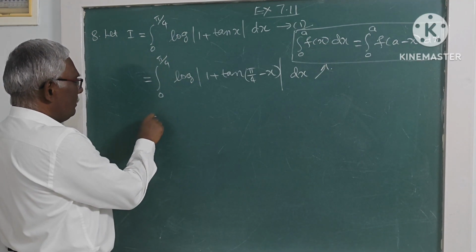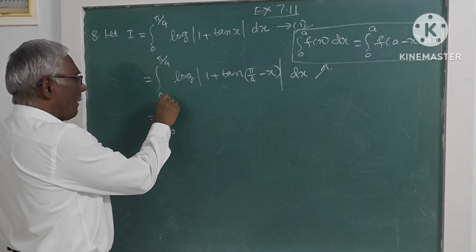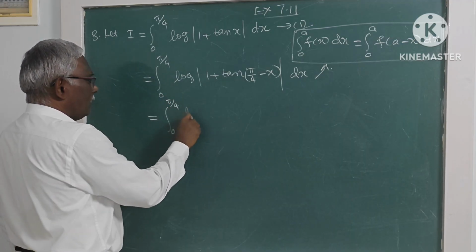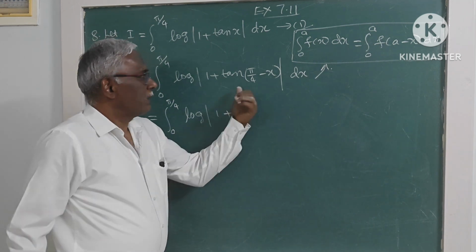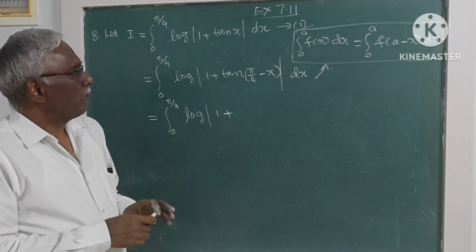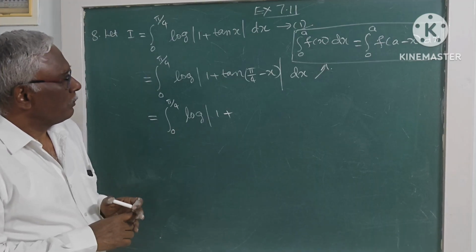Now what comes now? 0 to pi by 4 log of 1 plus tan of pi by 4 minus x is what now?